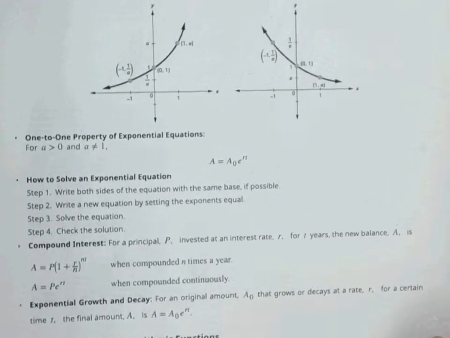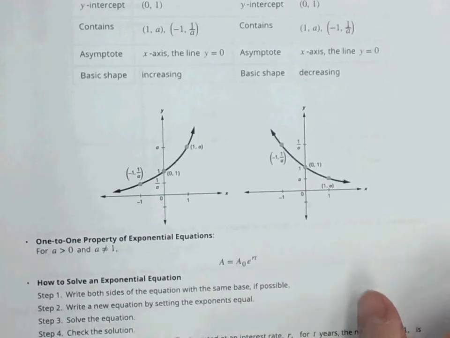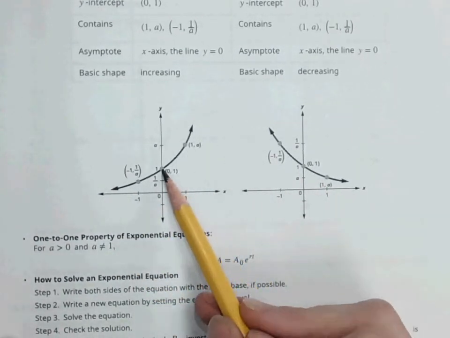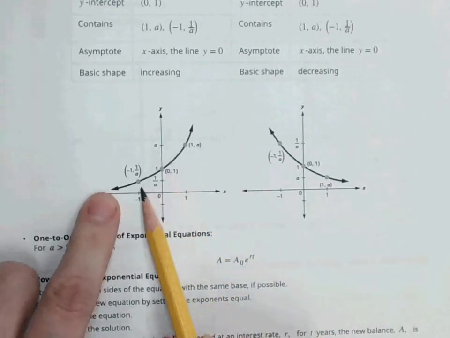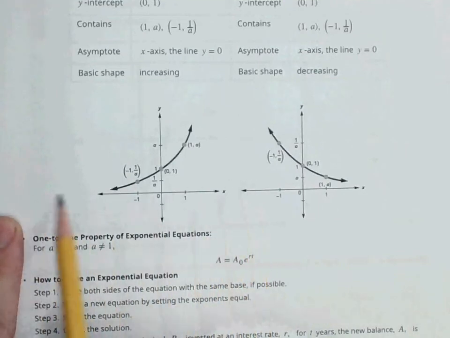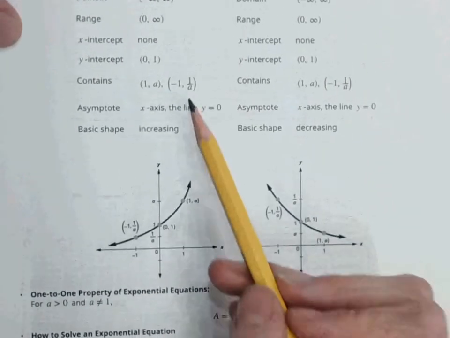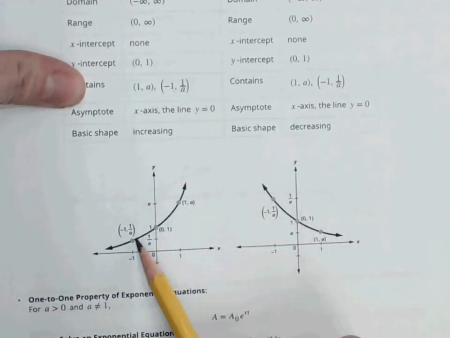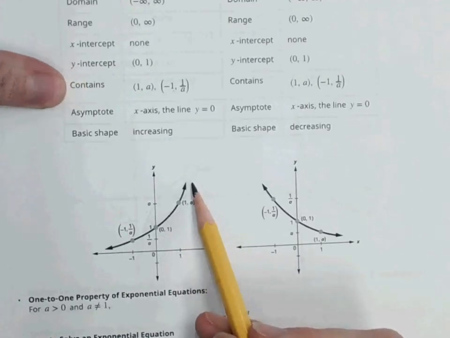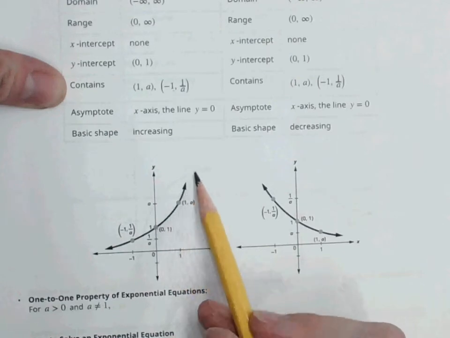The next thing that we did was we graphed these exponential functions. We were able to graph them and see what they looked like. We would plug in values. We would notice that it went down on this side. It had that nice asymptote along the x-axis. If my a is bigger than 1, then it's going to be rising up like this.